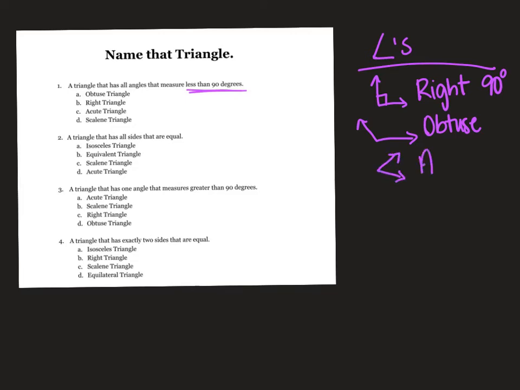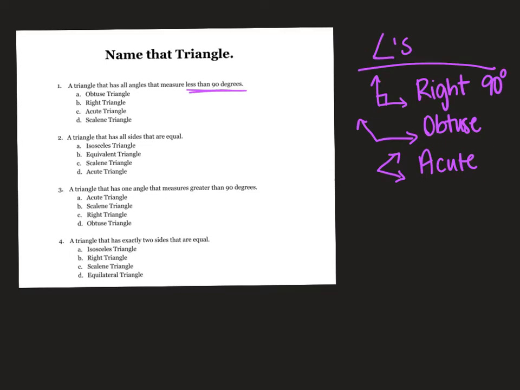So that one is an acute angle. So that's what we're going to use to classify our triangles by their angles. If you see a right or obtuse angle, it's automatically that type of triangle. For you to call it an acute triangle, remember every single angle has to be less than 90 degrees, which if we look at number one, that's what it says. So we're going to go back to that in just a minute.